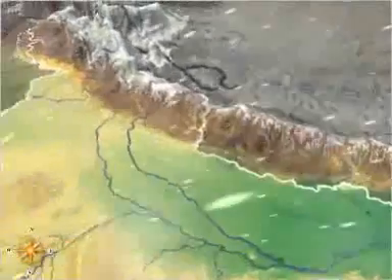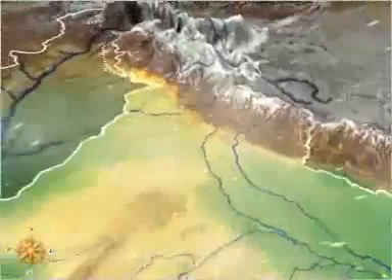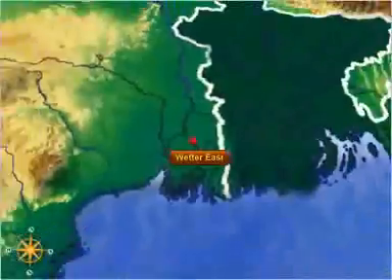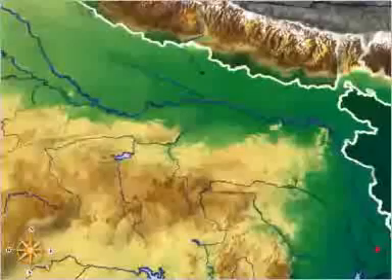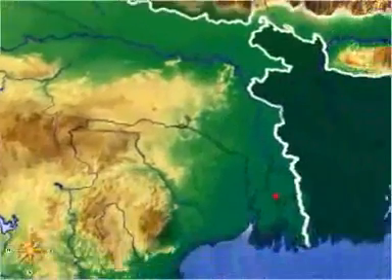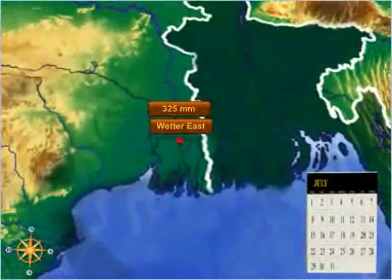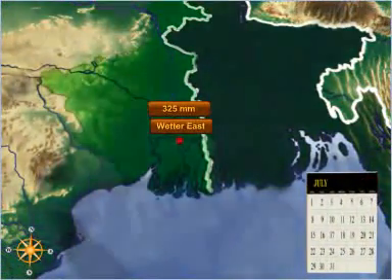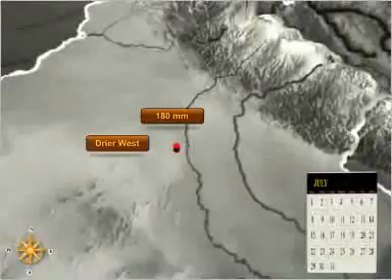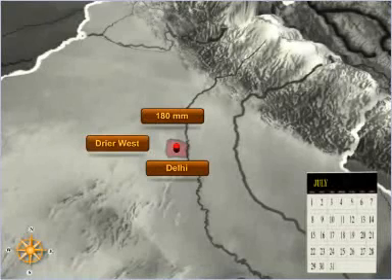The average annual rainfall decreases from east to west in the northern plains. The contrast between the wetter east and drier west is well understood by looking at rainfall data for the month of July, that is 325 mm or 12.8 inches at Kolkata, whereas 180 mm or 7.1 inches at Delhi.